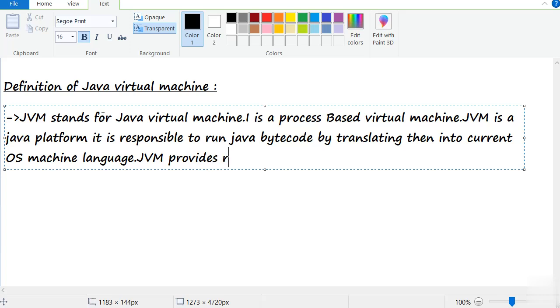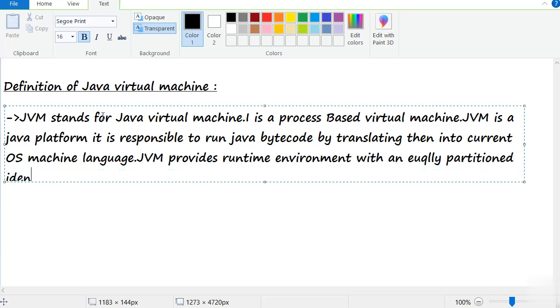JVM provides a runtime environment with an equally partitioned identical memory areas for executing Java bytecode in any OS.